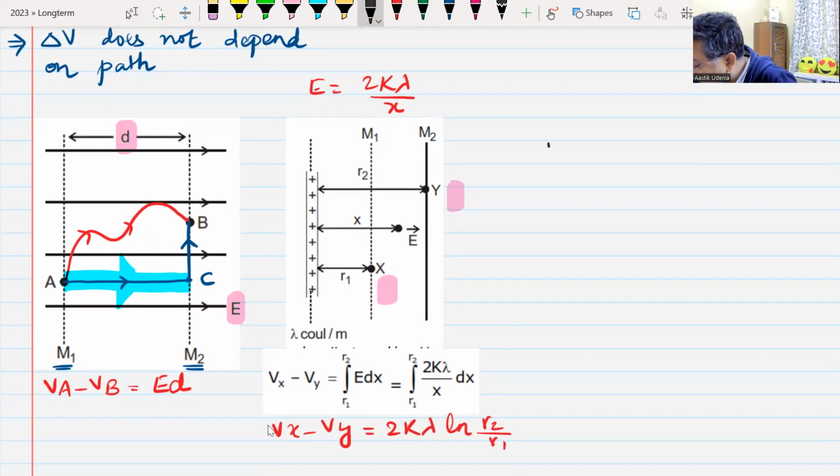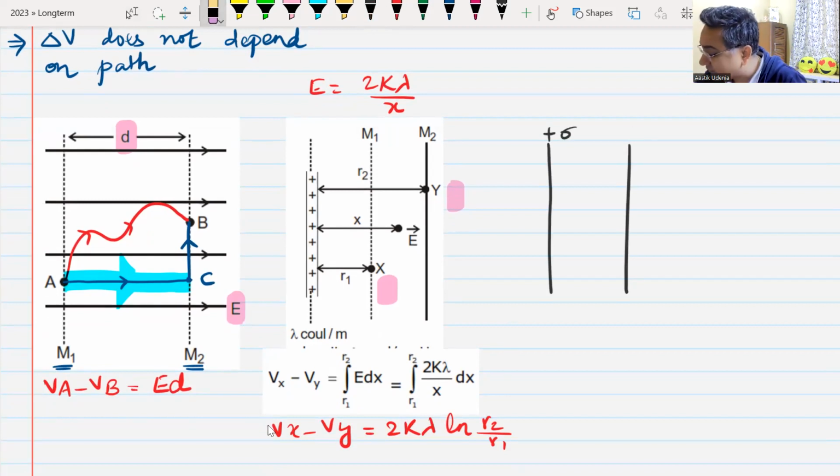The third case I can take is the case of two infinite sheets, one having charge density plus sigma and the other having charge density minus sigma. These two plates are separated by a distance d.